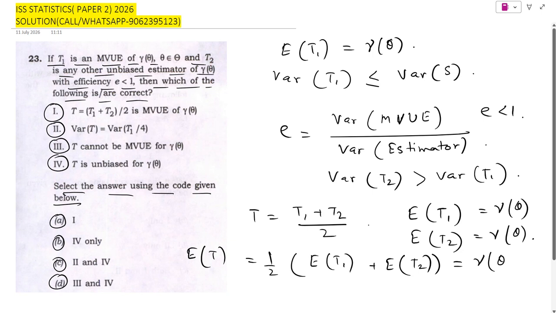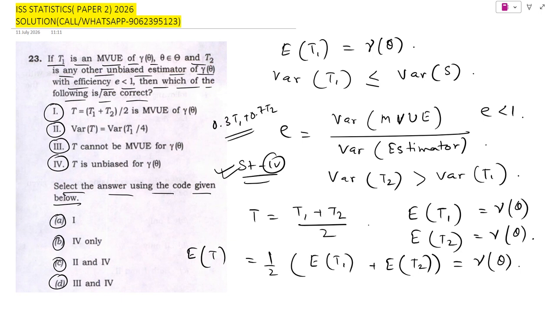This is gamma theta. Okay. So hence T is also unbiased. So statement number 4 is definitely correct. Okay. So any linear combination of the unbiased estimators whose coefficients add up to 1 is again unbiased. For example, like 0.3 T1 plus 0.7 T2 is also unbiased.